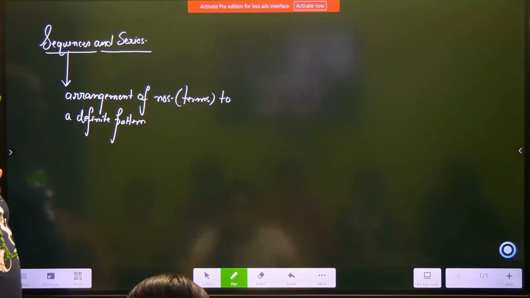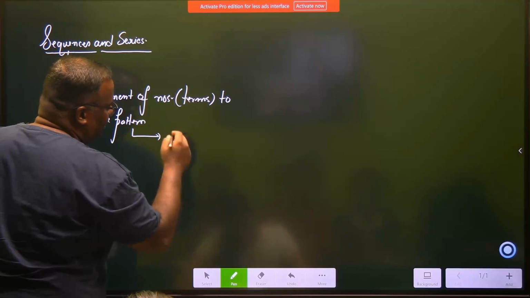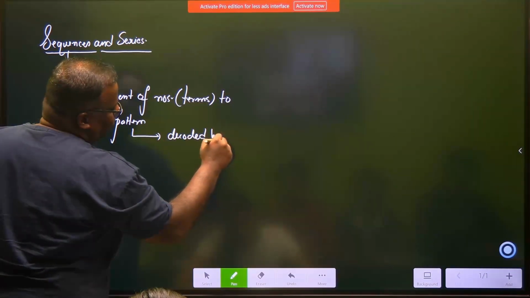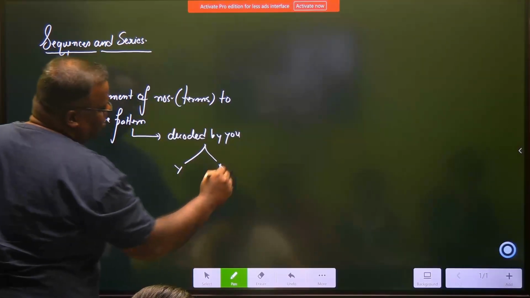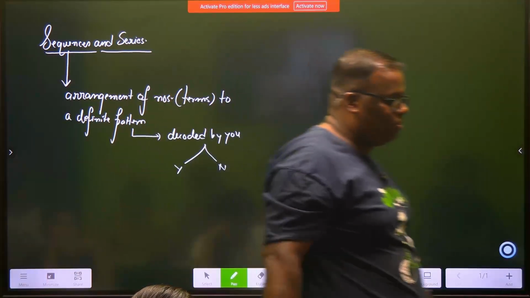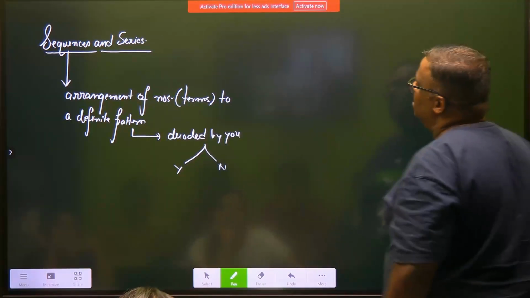The problem is that this pattern may or may not be decodable by you. Generally, when it is decodable by us, it is very easy to pounce upon and say this is a sequence. Say for example, I arrange some numbers like this.